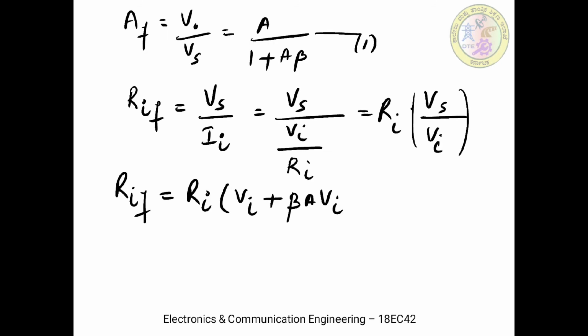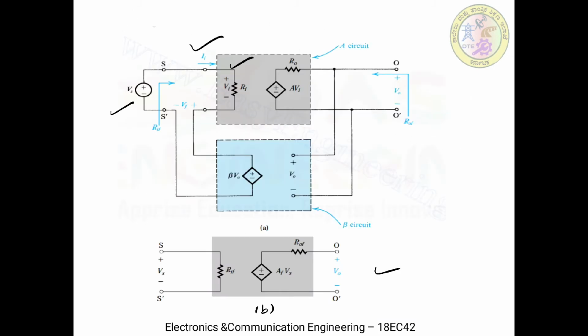This is the total Vs that is available, divided by Vi. This is because of the connection at the input, Vi plus beta times A Vi, because it is a series connection. Beta times A Vi is nothing but the fraction of the output that is fed back at the input in series with the available input.